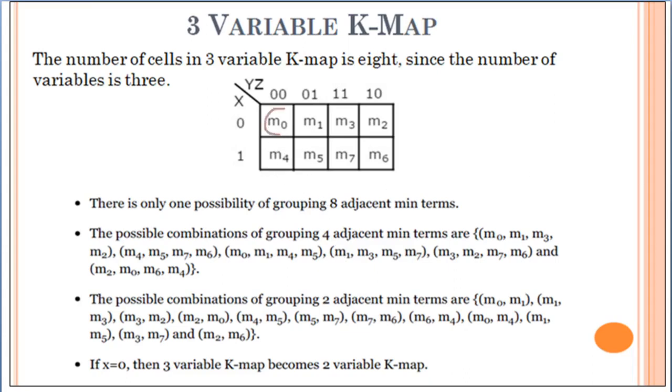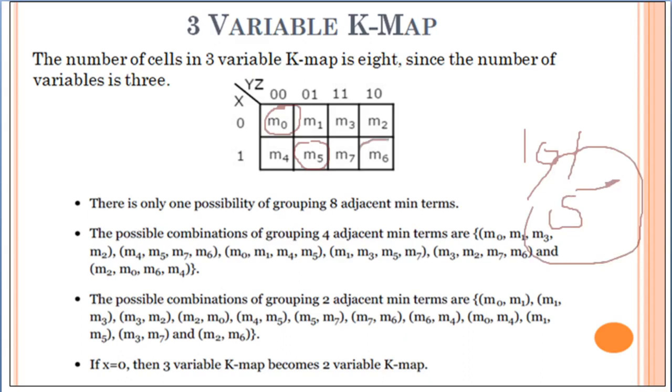This is the M0, that means the suffix number 0, 1, 2, 3, 4, 5, 6, 7 represents the binary equivalent of that particular identity, that means 0, 0, 0. For this cell the identity will be 0, 0, 0. For this particular cell the identity will be 1, 0, 1, that means this is 5.